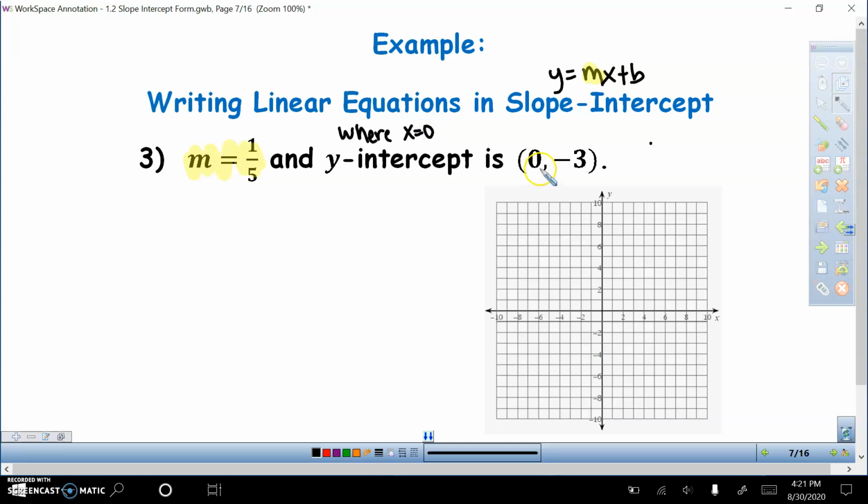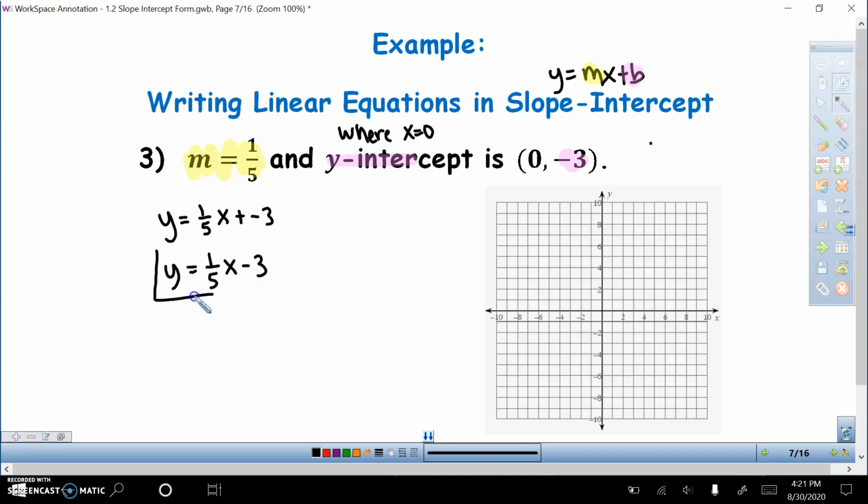So notice how your x-coordinate here is 0. That means that your b, or your y-intercept, is at -3. So we just substitute those values in to have y equals 1/5 x plus -3, but that's clunky, so we just write y equals 1/5 x minus 3.